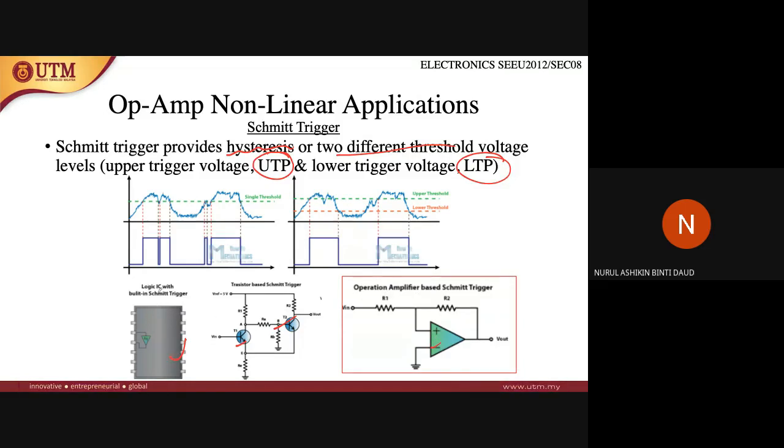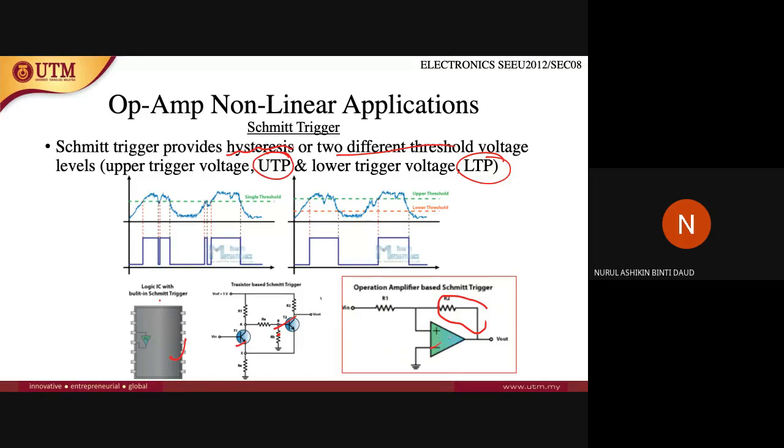Comparing logic IC and BJT Schmitt triggers, the OP amp Schmitt trigger is the simplest one, the easiest, because for the OP amp you just need to add positive feedback, and you have the Schmitt trigger already.